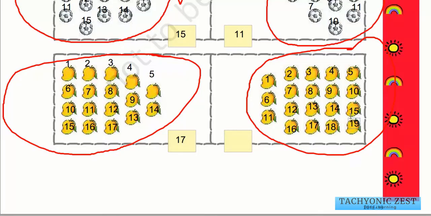So there are 19 mangoes in this group, which is obviously looking bigger than the other group.